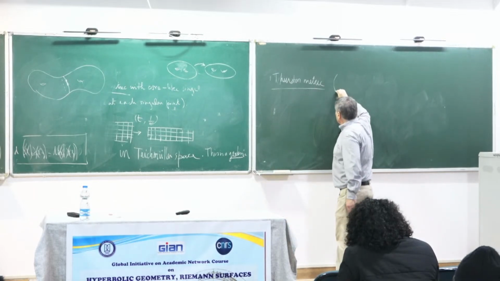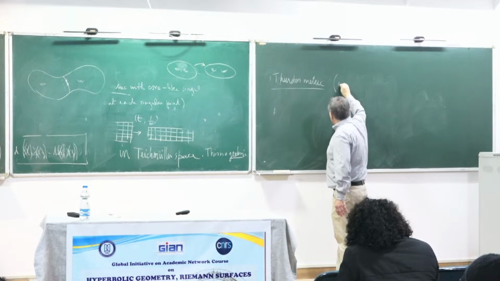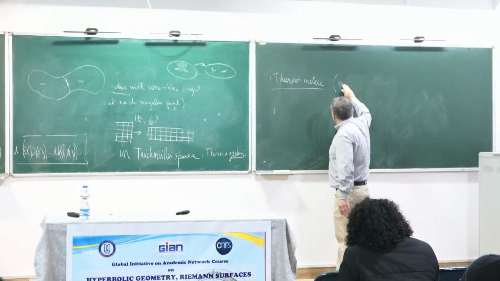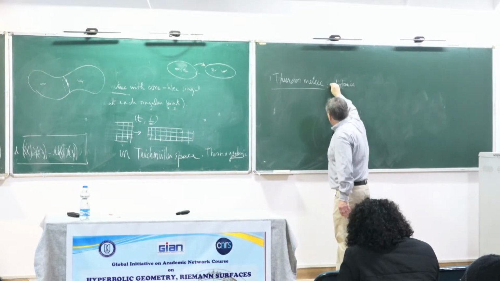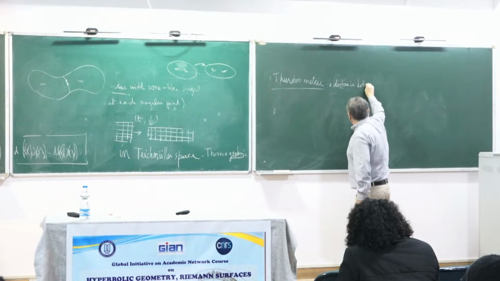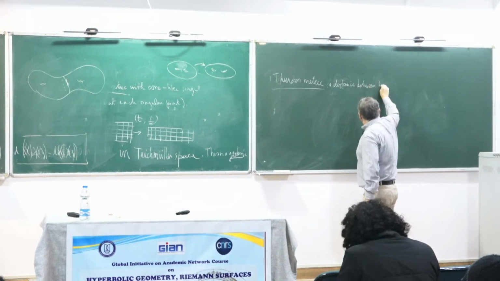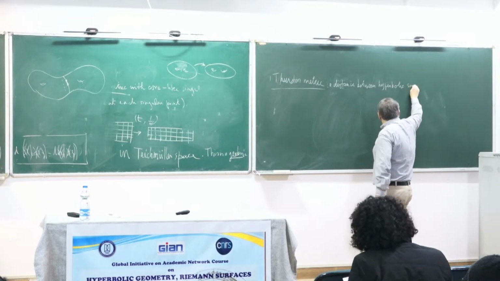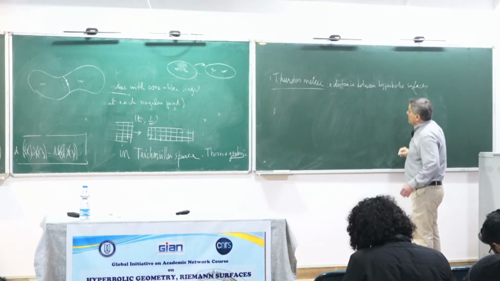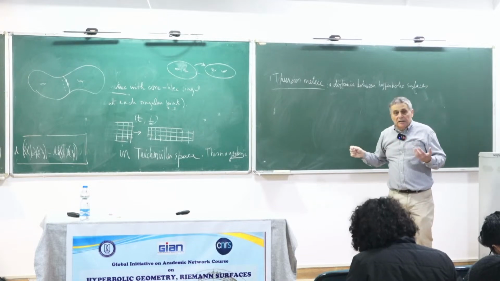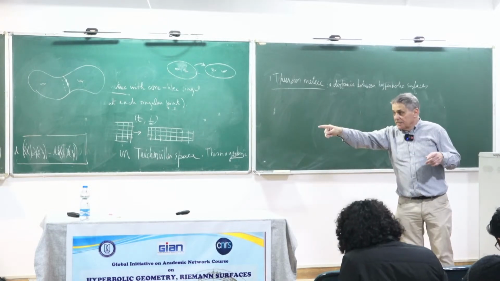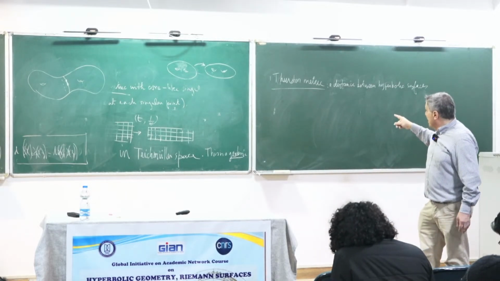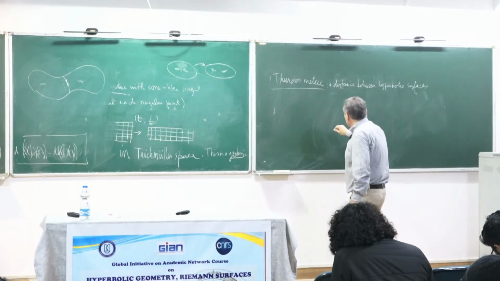If you remember, it was first the Thurston distance, a distance between hyperbolic surfaces. This is the original, I explained. I will talk about this later, but I will recall. But this, I have a distance between hyperbolic surfaces.